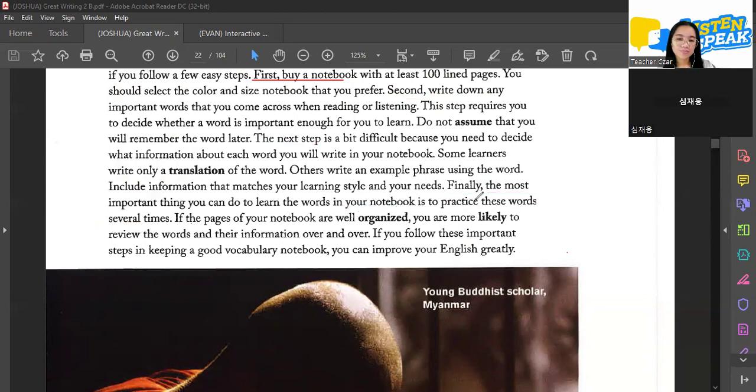So, okay, here, practice the words several times. Review the words and their information over and over. And keeping a good vocabulary notebook can improve your English grade. Any questions, Joshua? No. Okay.